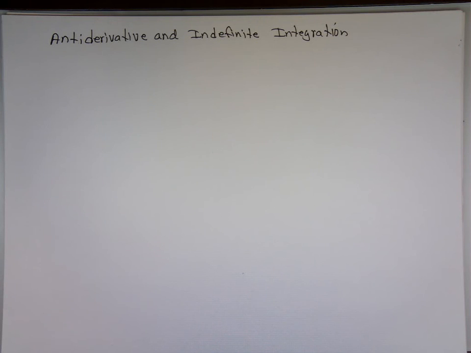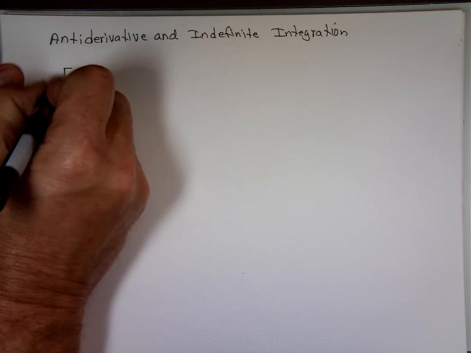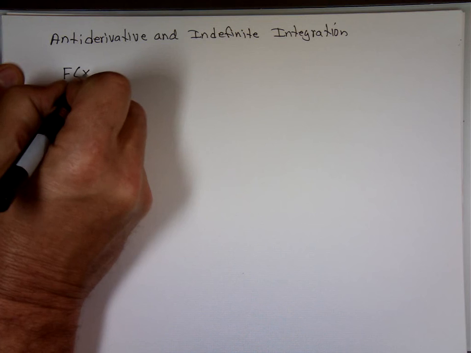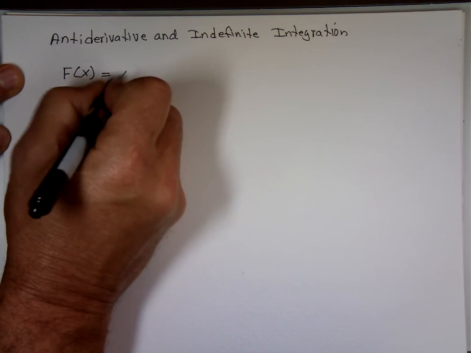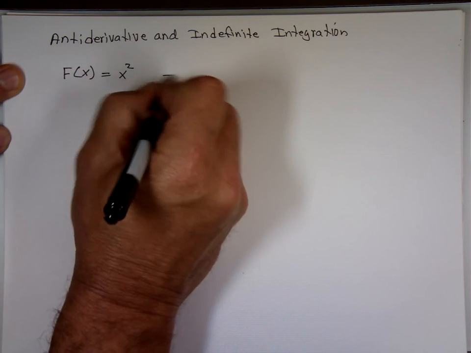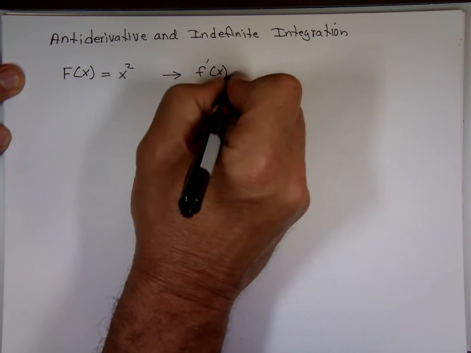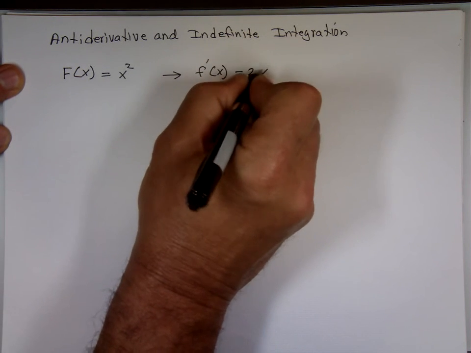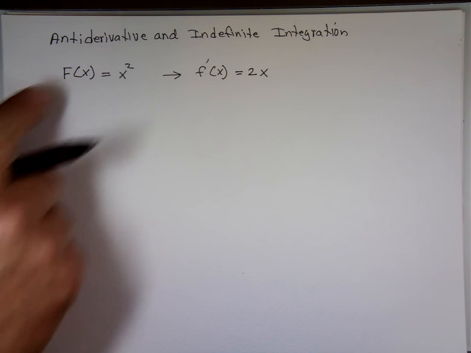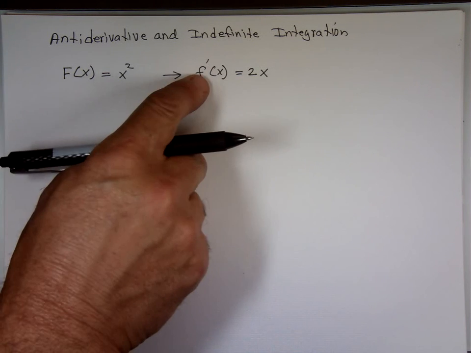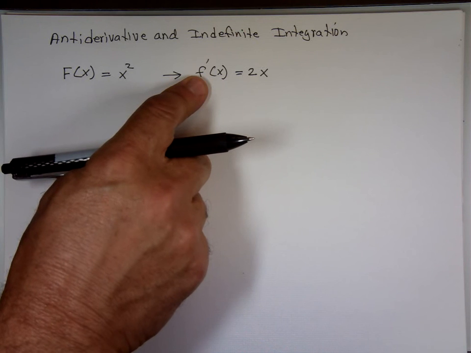Let me start with this. If I give you a function f of x equal to x squared, can you tell me what the derivative of that is? 2x, very good. Notice I use a capital letter for the function and lowercase for the derivative.